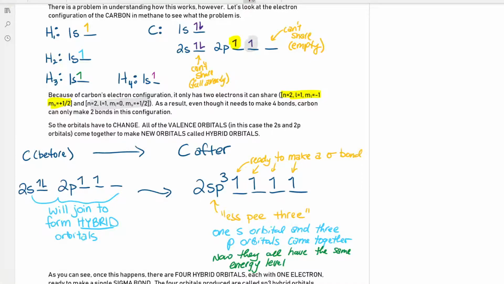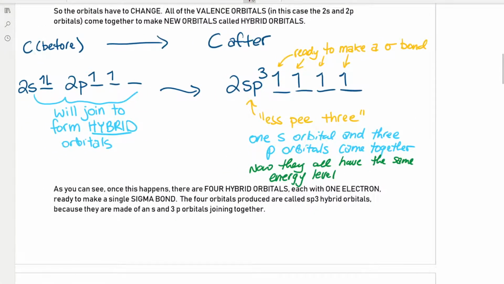So, weird to think about again, but because the electron configuration doesn't work, because that s orbital gets filled, which leaves one of the p orbitals empty, carbon has to put those together and make an sp3 hybrid orbital. Awesome. Okay. And that's going to happen anytime you need to make a sigma bond. That's going to be a little rule. It already says that there, but we're going to say it ourselves anyway.